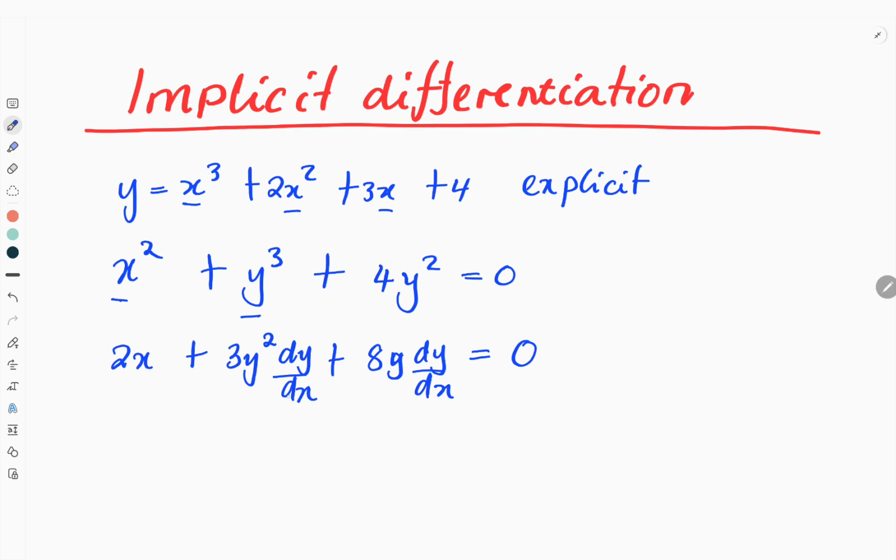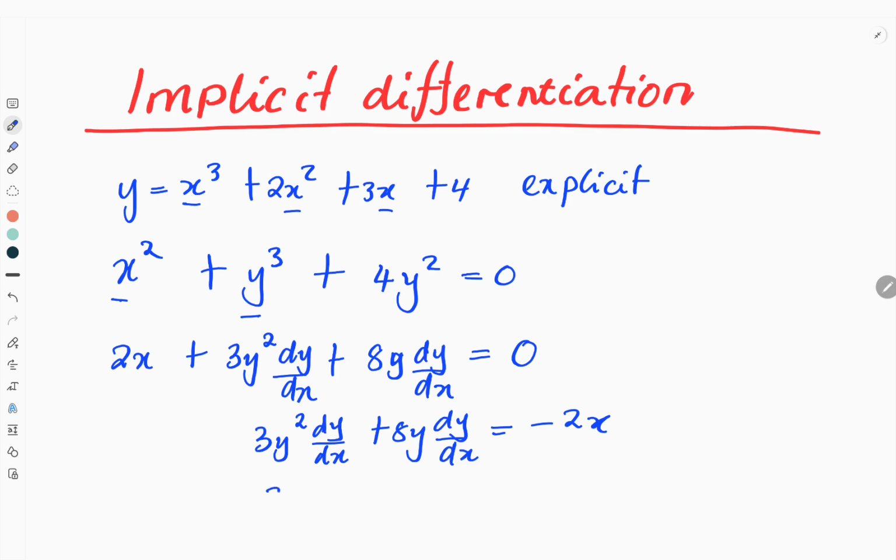Then you leave the terms that have got a dy dx, because you want to make dy dx the subject of the formula. So you move everything that doesn't have a dy dx. You've got now 3y squared dy dx plus 8y dy dx is equal to negative 2x. Then you factor out your dy dx because you want to make it the subject.